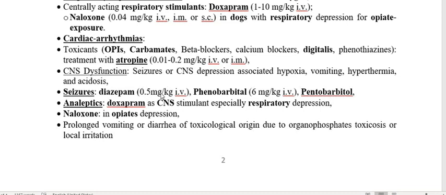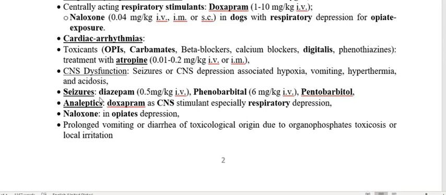Diazepam is a benzodiazepine, whereas phenobarbital and pentobarbital are barbiturates. These benzodiazepines and barbiturates are sedative in action, and they will keep the animal calm and quiet and remove the seizure symptoms.